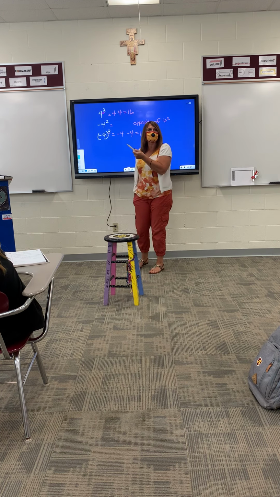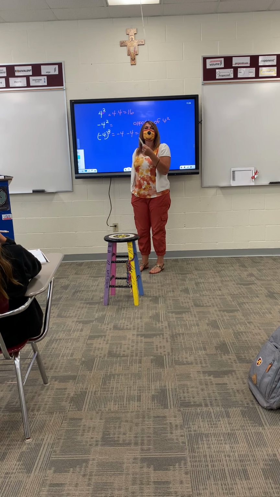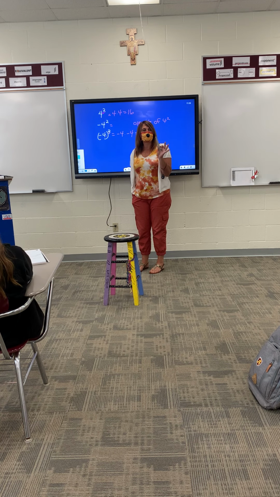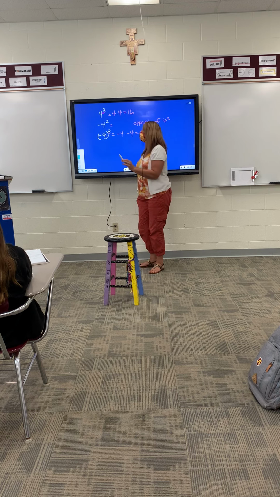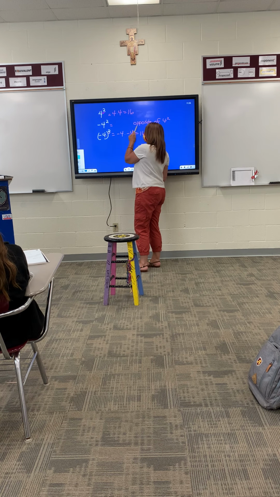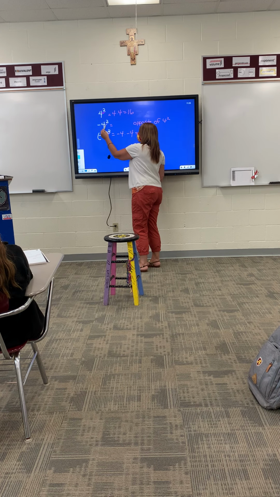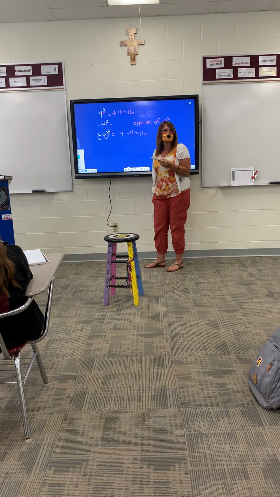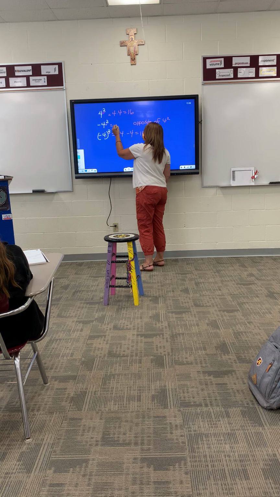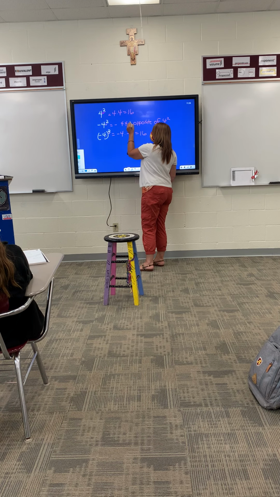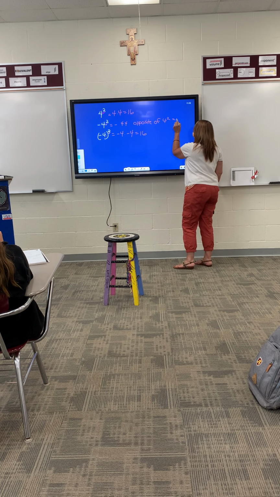Whether you want to see that symbol as a minus or times -1, whatever you understand a negative to be, even if it's just those words, this too goes with what's next to it. So this would be the opposite of 4 times 4. So the answer is -16.